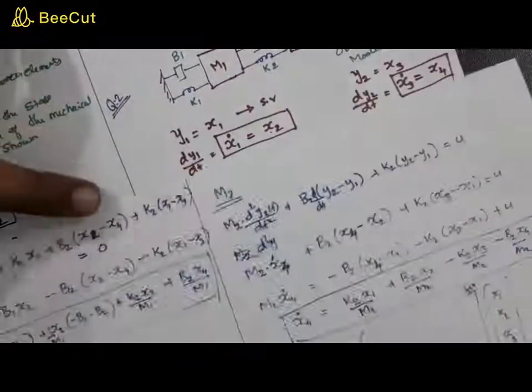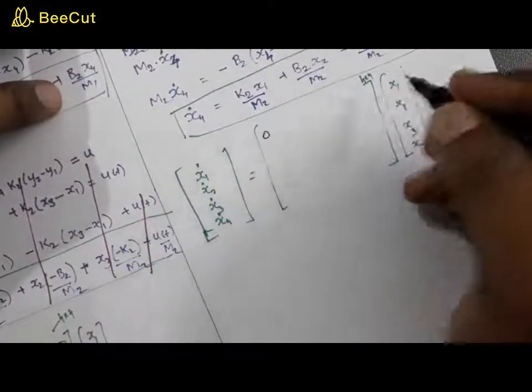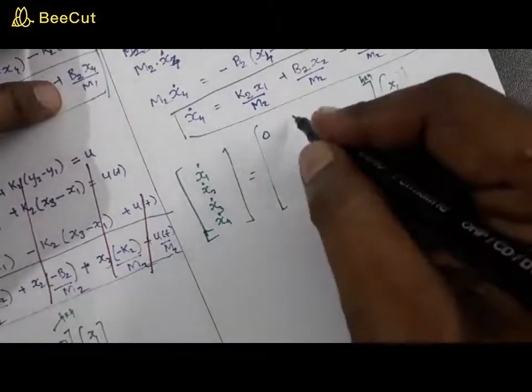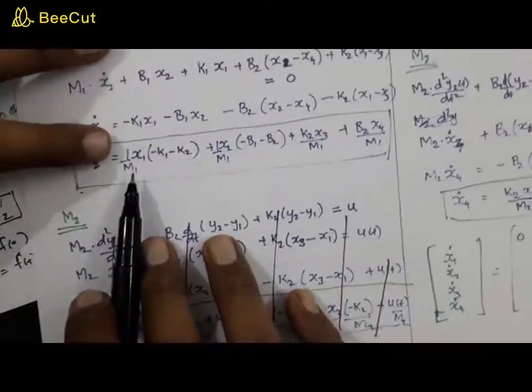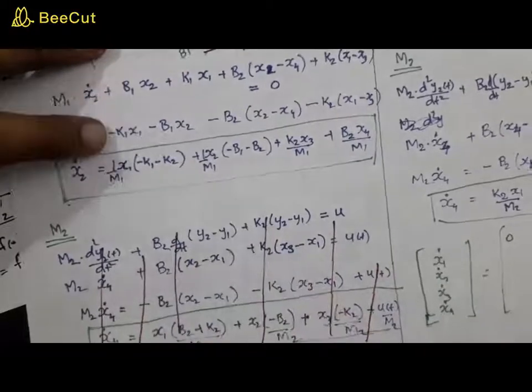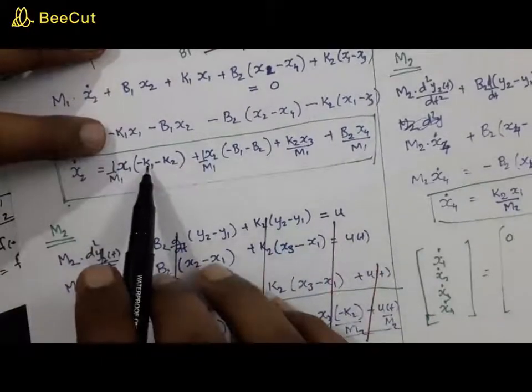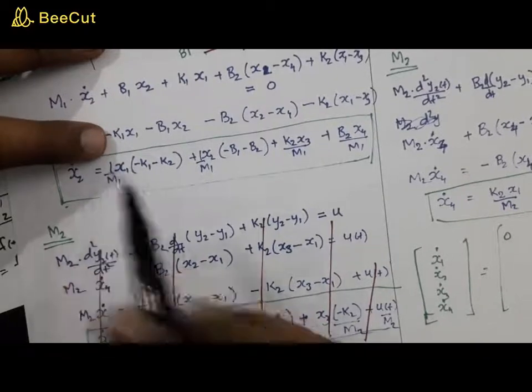Now coming to the first equation, x1 dot is x2. So in the first row, you will have only a value corresponding to x2, and all the others are 0. Now coming to the second, that is x2 dot. x2 dot is x1 into minus (k1 plus k2) by m1.